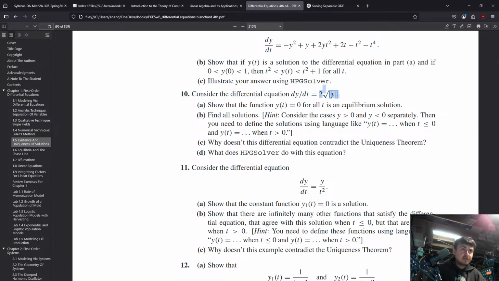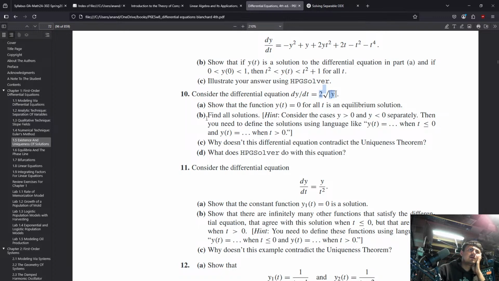So 0 is a fixed point because the square root of 0 is 0. So 2 times square root of 0 equals 0, so 2 times 0 is equal to 0. All right, so we're done with that.